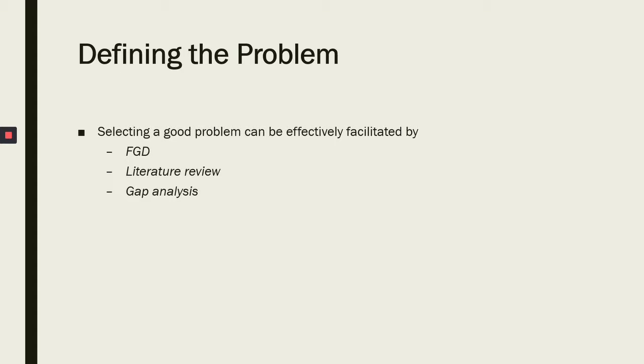Now, an excellent way to treat and deal with the problem is to do a focus group discussion, which will be discussed later on. This is very important, or very useful if, let's say, you have a pool of experts maybe, or your peers who share the same interest on the subject that you are embarking on.